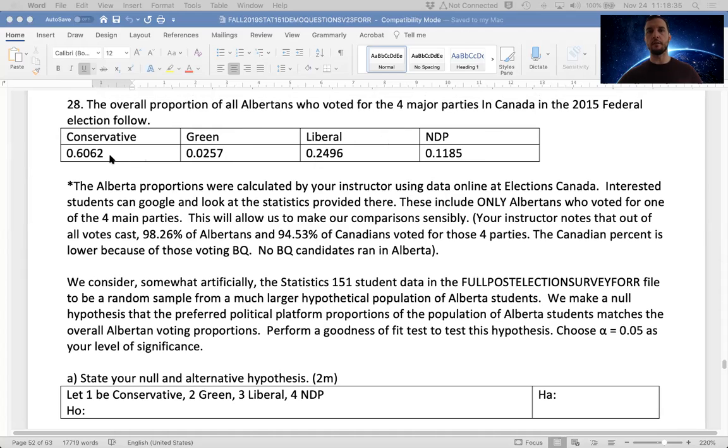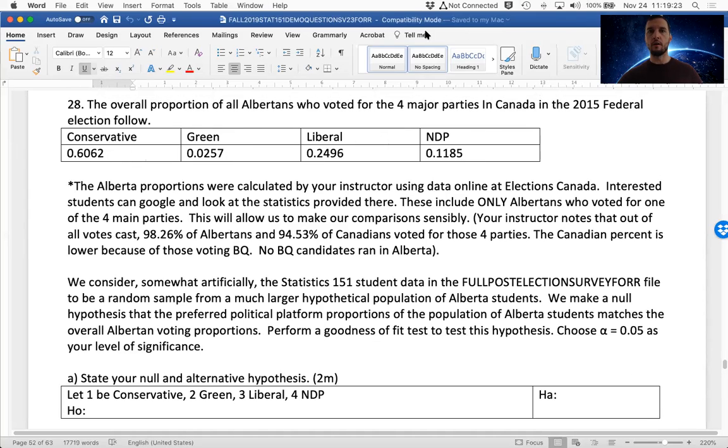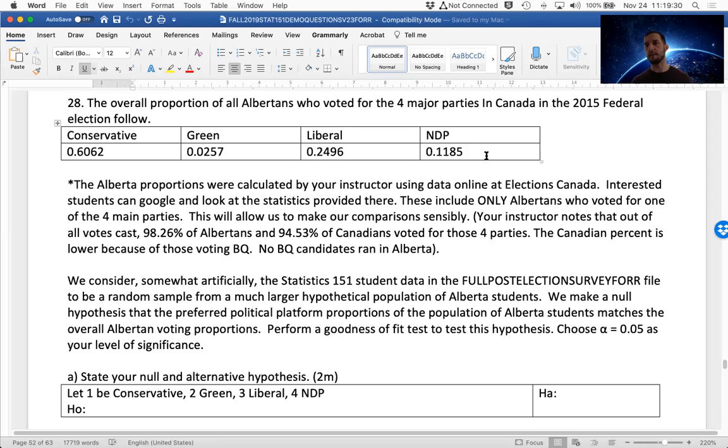So we're saying here, for example, 60.62% of people voted Conservative. 2.57% of people voted Green. 24.96% of people voted Liberal, and 11.85% of people voted NDP. So we are going to take this as being sort of the pre-established distribution of voters.